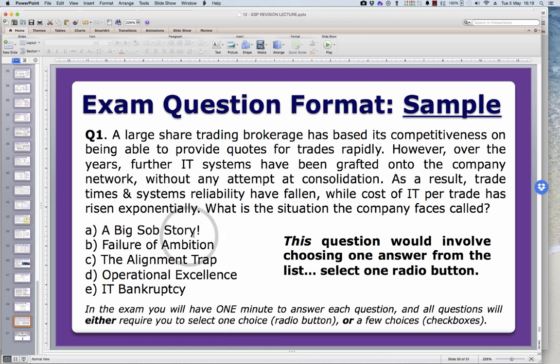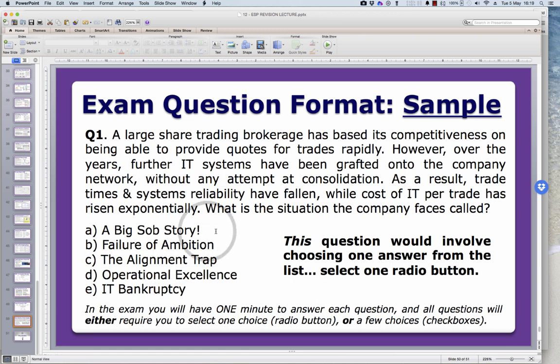So you could pick a big sob story, but in this case the right answer would be the alignment trap, which is what we talked about previously. They haven't consolidated and improved their network before they tried to align it with business goals. So this would be a question of choose one from this list.